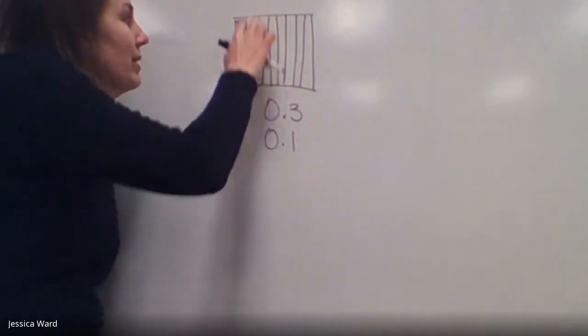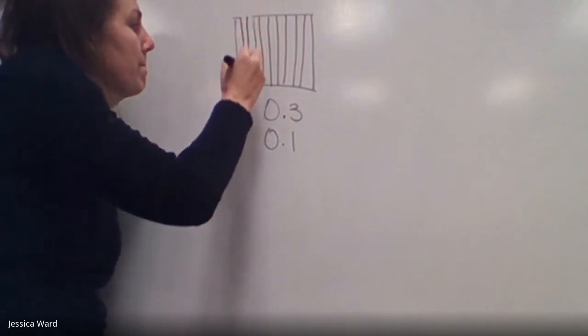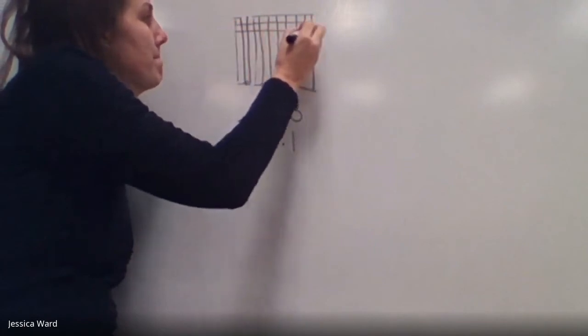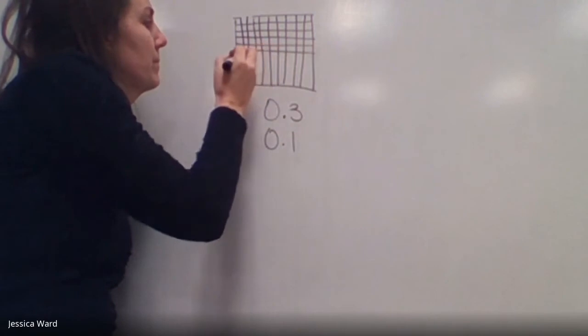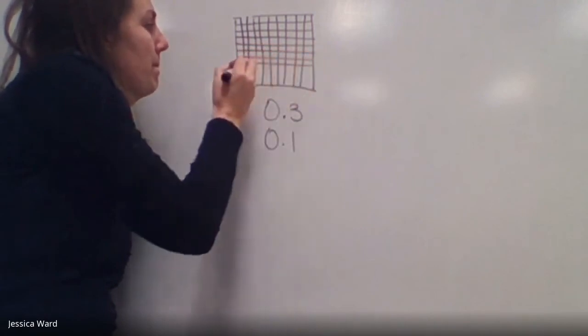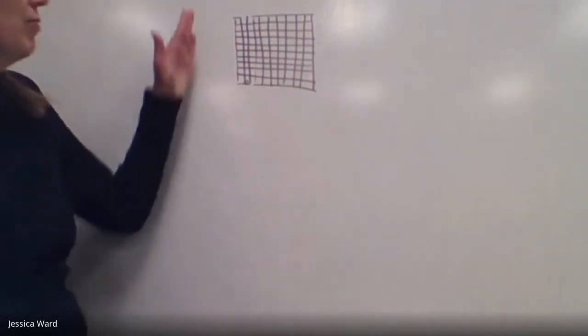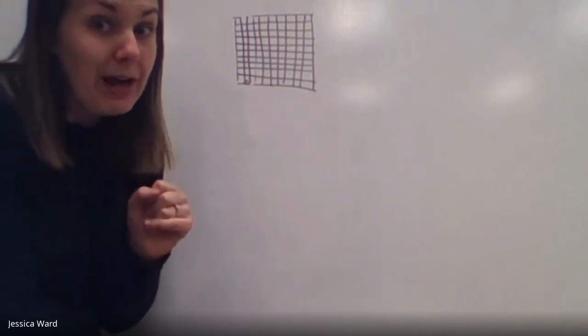Now, when I get to my hundredths, now I've divided this further. Now remember, I'm still dealing with one whole, right? It's just that I've cut it up into more pieces, more fractions.